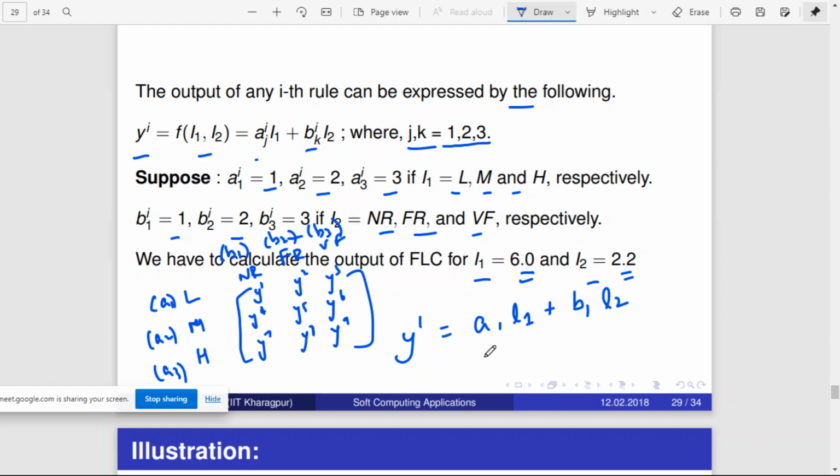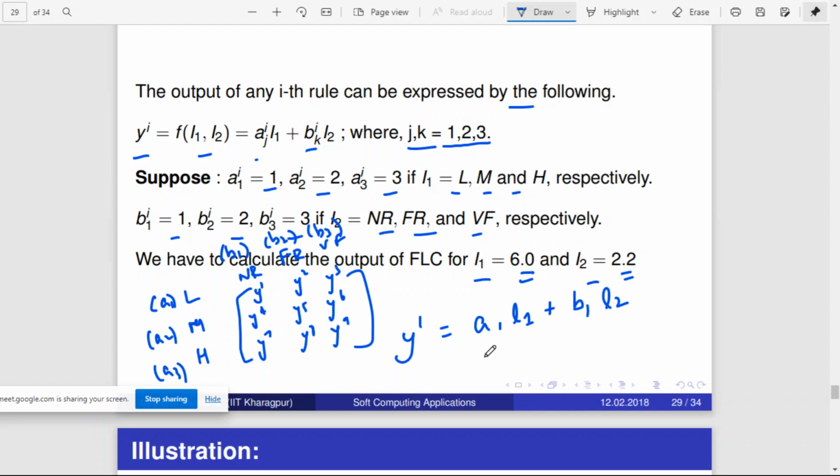Similarly for Y3, it will be A1 and B3, so A1 I1 plus B3 I2. A1 is 1, B3 is 3, so it is I1 plus 3 I2. Like this, these rules were framed. We will use this towards the end, so I am clarifying, right?